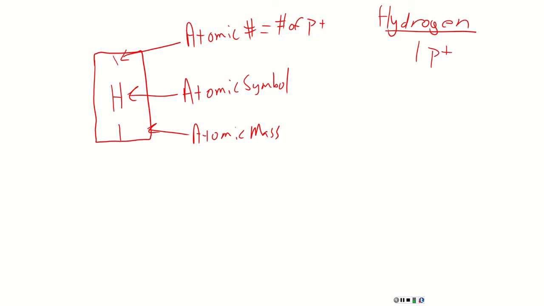You're just going to round it to the nearest whole number. So the atomic mass is equal to the number of protons plus the number of neutrons.